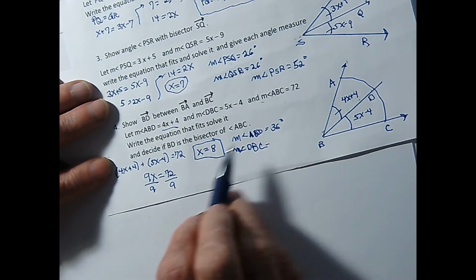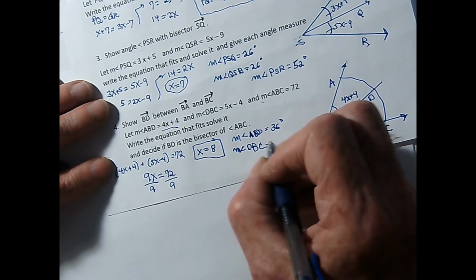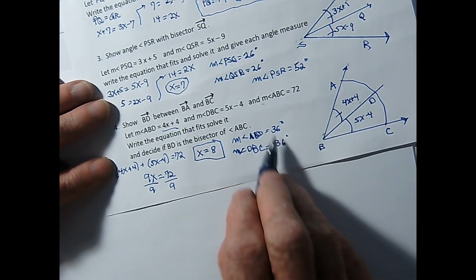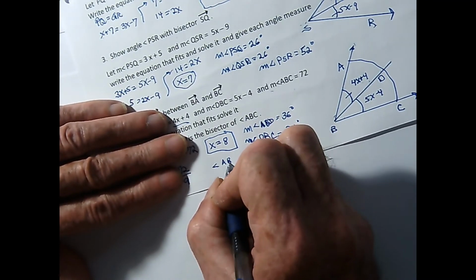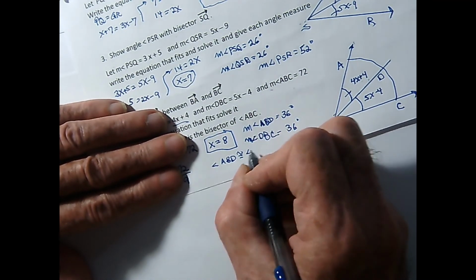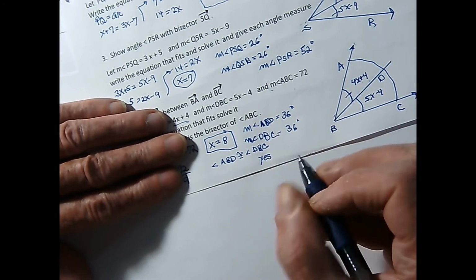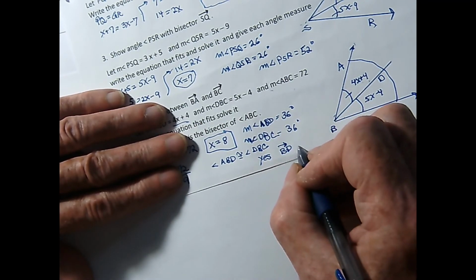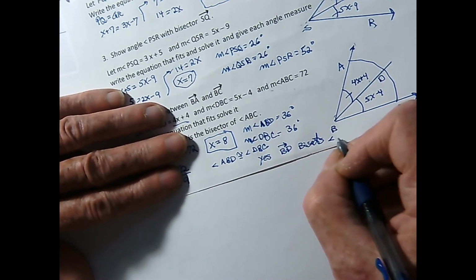If x is truly 8, 5 times 8 is 40, minus 4 would be also 36. That's good. They do add up to 72. And since these two angles are equal in measure, I could even say angle ABD is congruent with angle DBC. So yes, BD bisects the angle. Bisects angle ABC.